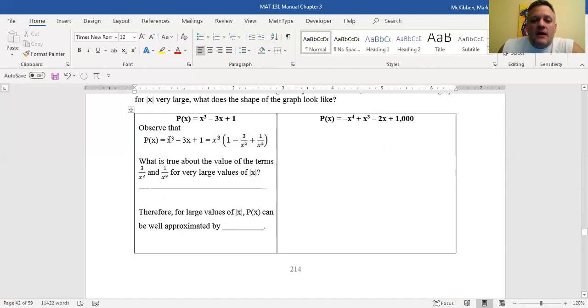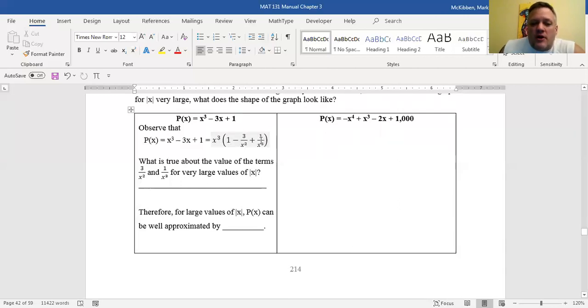If you yank an x cubed out of negative 3x, what do you multiply x cubed by to get negative 3x? Well, you would multiply by negative 3 over x squared, right? It's not factoring in the sense that you're getting a simpler expression.